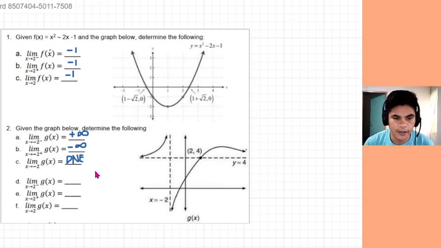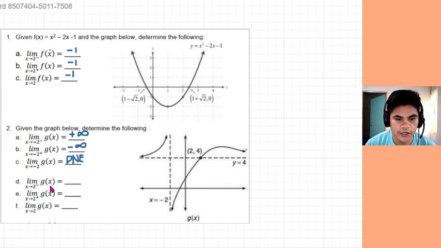That is, the limit does not exist. The reason why the limit does not exist is because from the left and from the right, they do not meet. So that is why the limit does not exist.